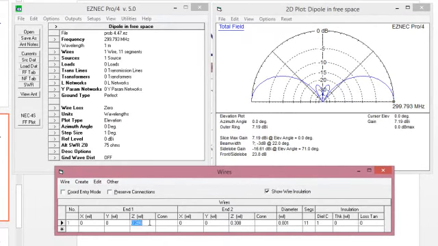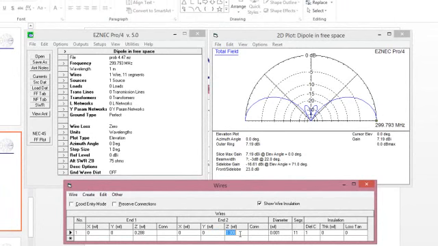My dipole is going to have endpoints of 0.288, and adding the length of lambda over 50 to the other end, I'm going to have 0.308.